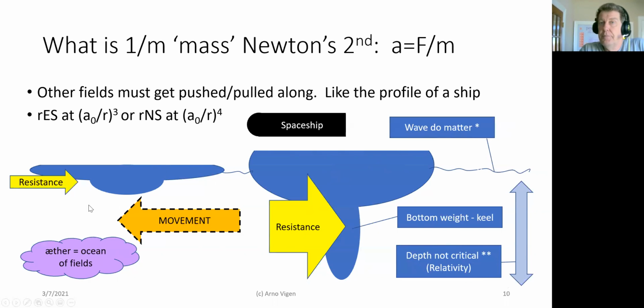So I think of this ocean of other fields out there as being about the distance of where that body is versus the fields around it, being the amount of resistance to any acceleration.